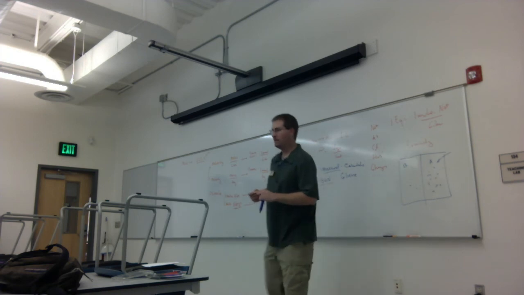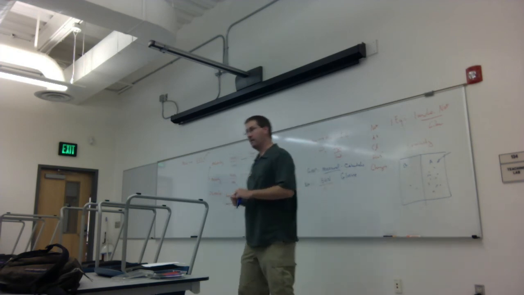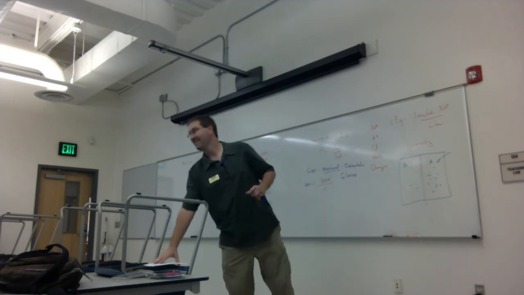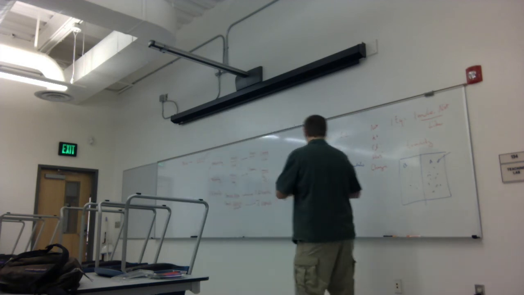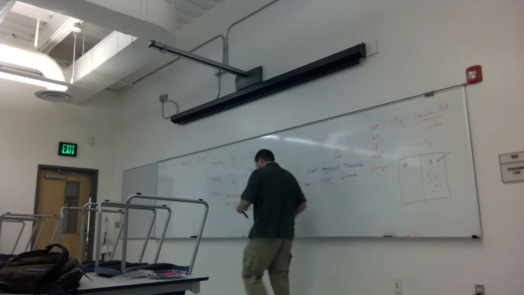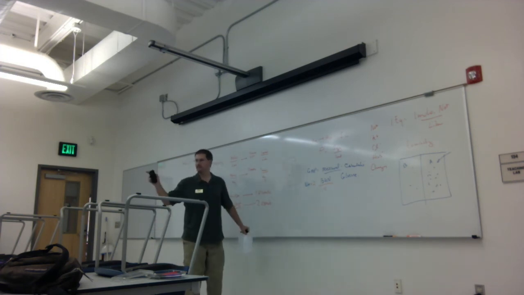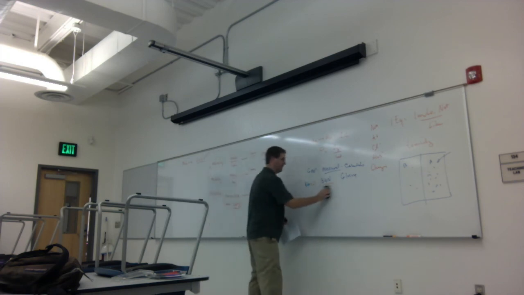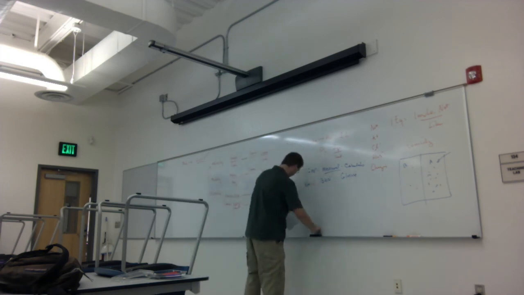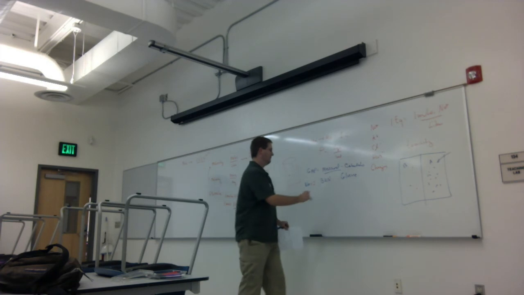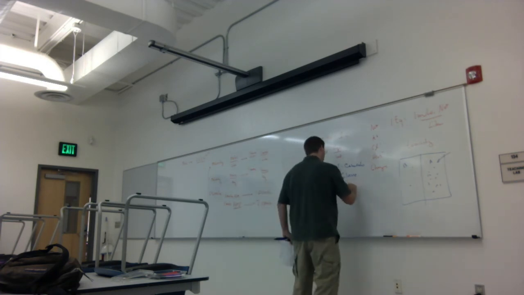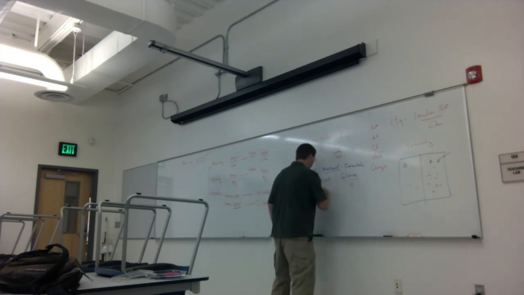Glucose is 18, right? So glucose is divided by 18, and BUN is divided by 2.8. Yes, glucose we divide by 18, and BUN we divide by 2.8.